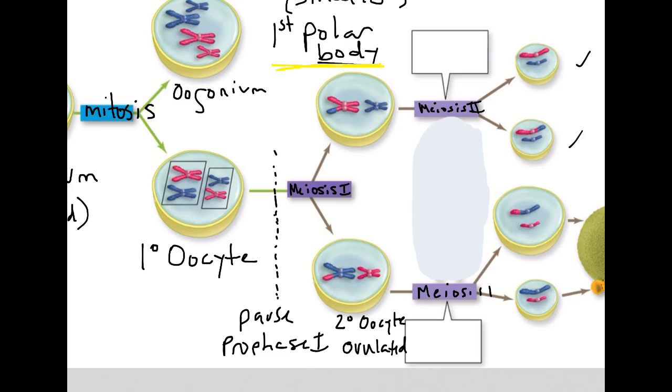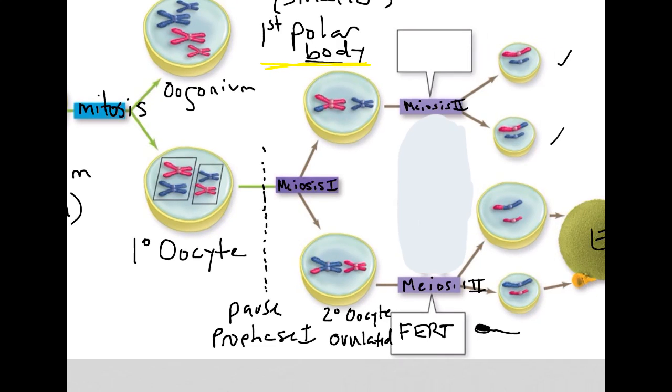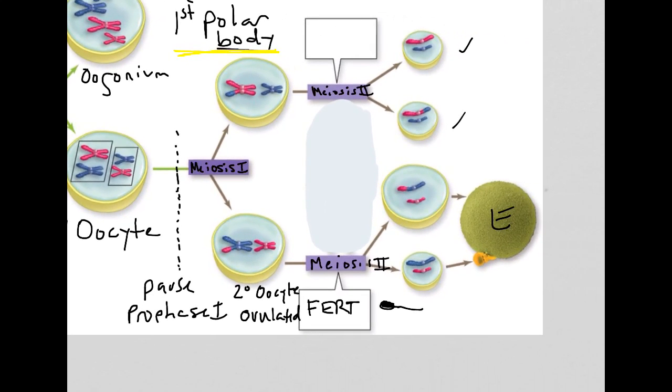If it is fertilized, let's draw a little sperm in here. Here he comes. Okay. If it is fertilized, then meiosis II will complete. So the sister chromatids will be separated, as you can see there.